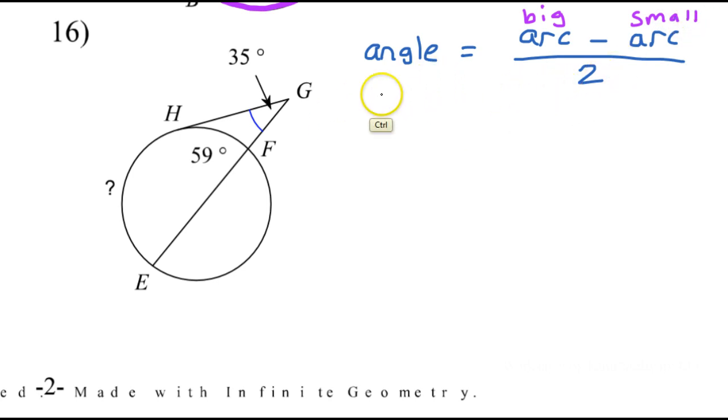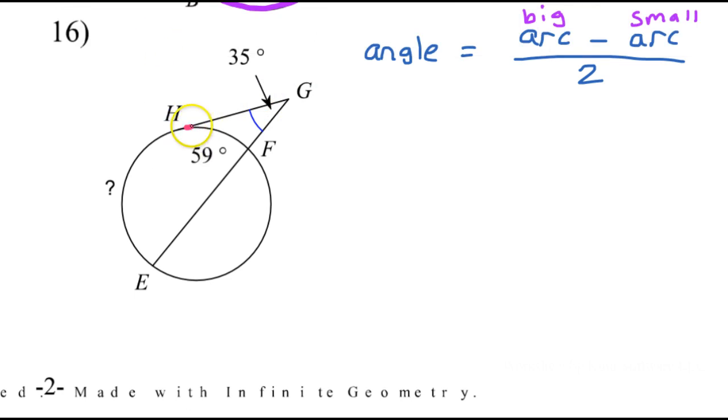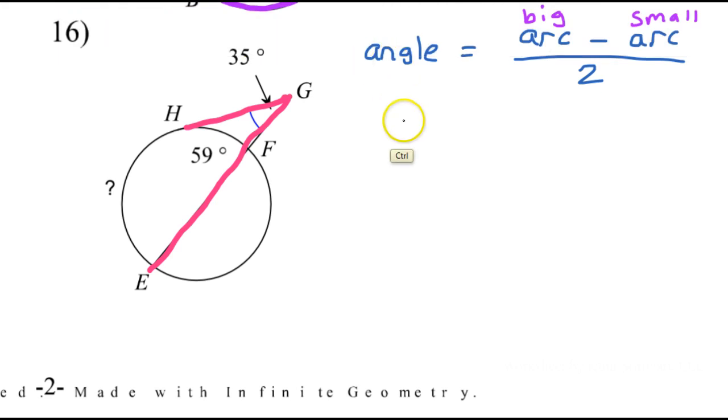All right, so what are we dealing with? Hopefully you can see that the angle is right here. See how pointy it is? That's how you know it's an angle. So the angle is this 35 degrees. So the 35 degrees goes first. So I have 35 degrees.